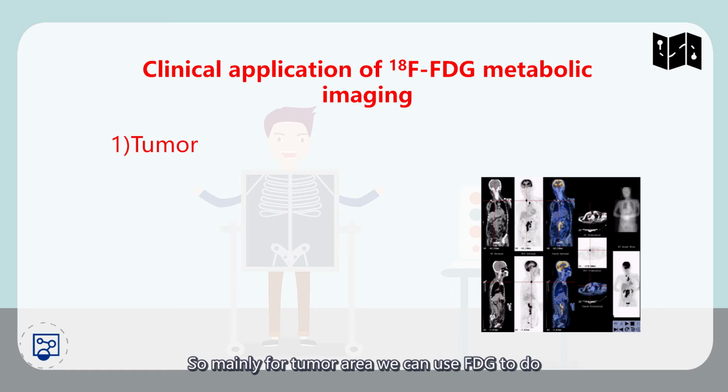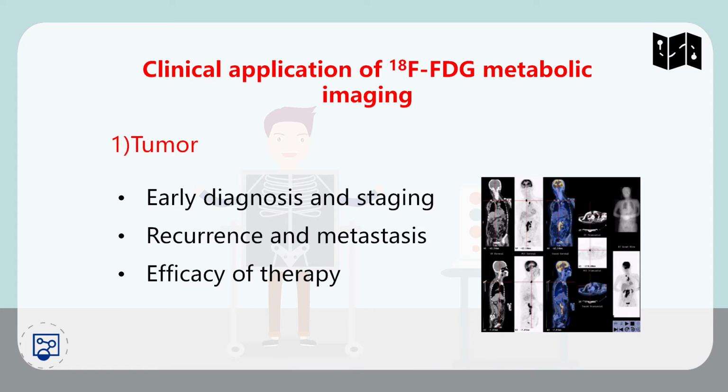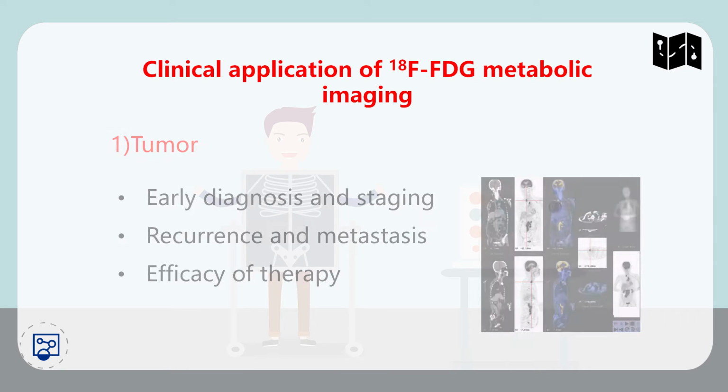So mainly for the tumor area, we can use FDG to do early diagnosis, staging, recurrence and metastasis determination, and to evaluate efficacy of therapy, for example chemotherapy and radiotherapy. After a couple of treatment courses, you may evaluate the result.